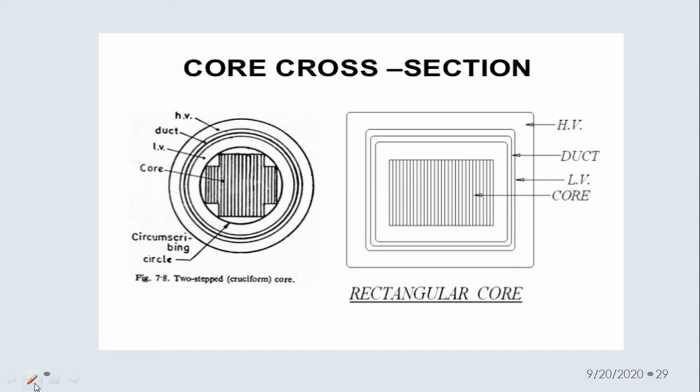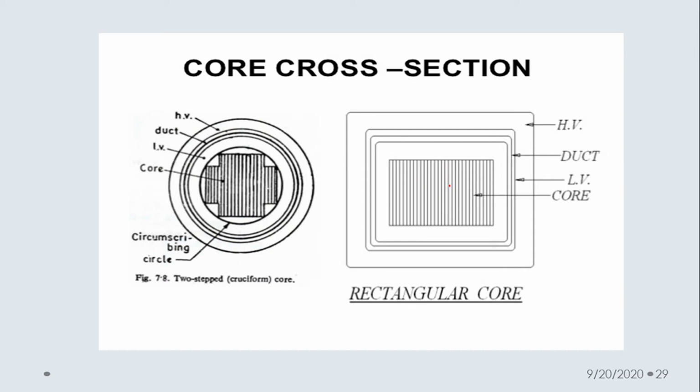You have the LV winding, HV winding, and this is the circumscribing circle of the core, which touches the edges of the core, correct?